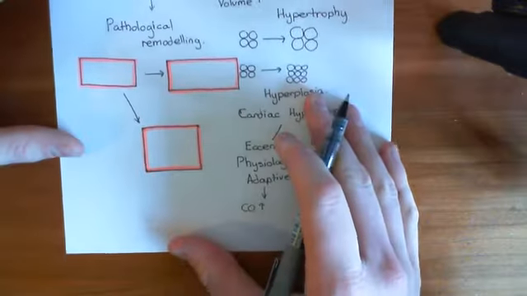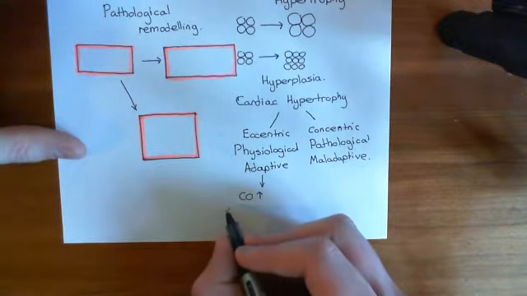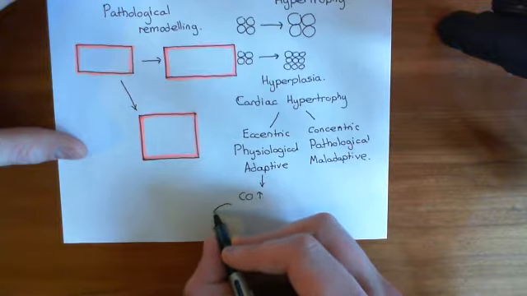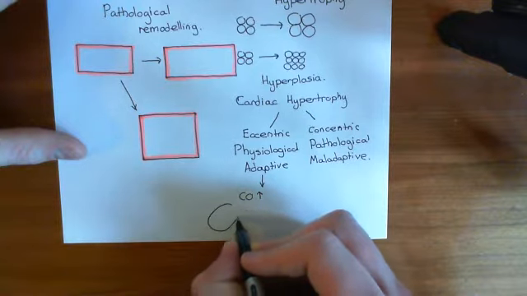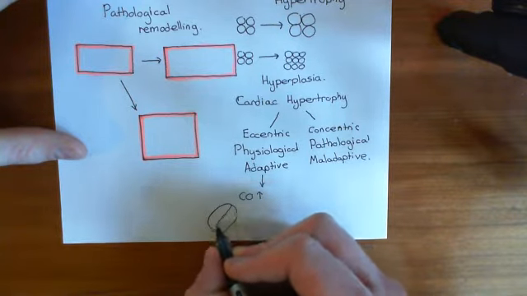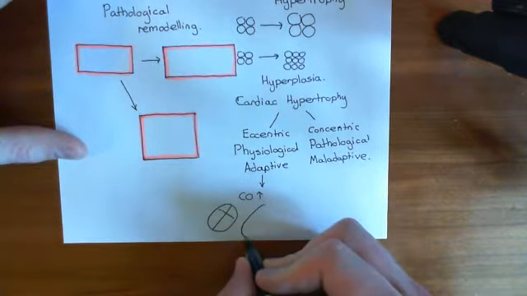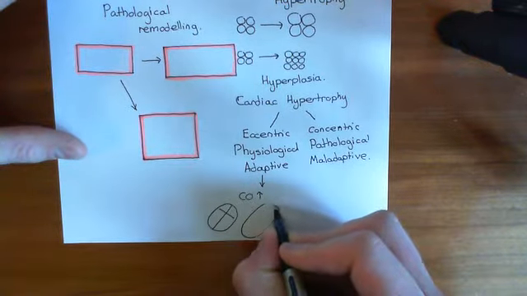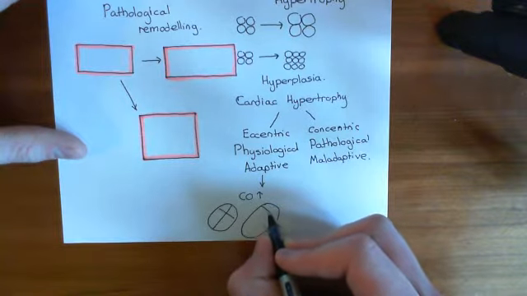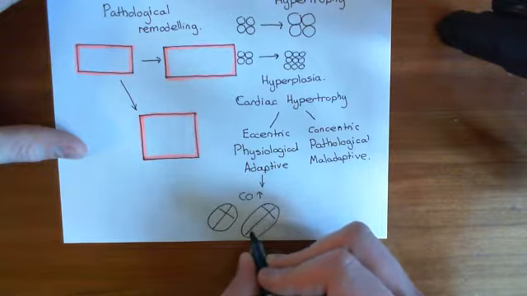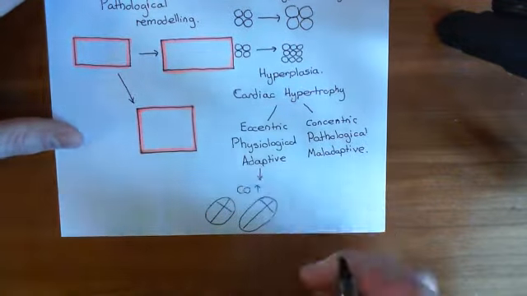So, to draw what happens in eccentric/physiological/adaptive cardiac hypertrophy on the level of the entire heart, if we draw a nice simple picture, here are our 4 chambers. What basically happens is the heart becomes longer, just like the cardiomyocytes, each cardiomyocyte is becoming longer. The heart becomes longer, and that increases the size of these chambers, okay?